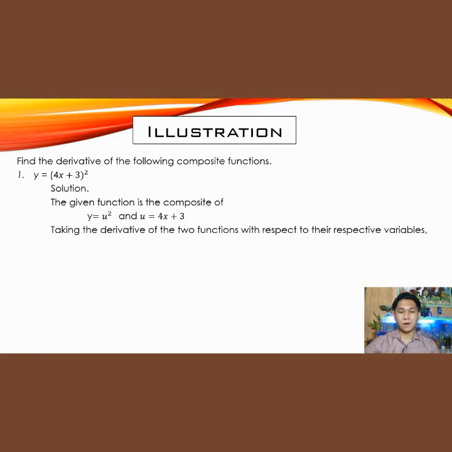Taking the derivative of the two functions with respect to the respective variables, our dy over du is equal to 2u, which is the derivative of u squared, and our du over dx is equal to 4, which is the derivative of 4x plus 3. Substitute the values to the formula.